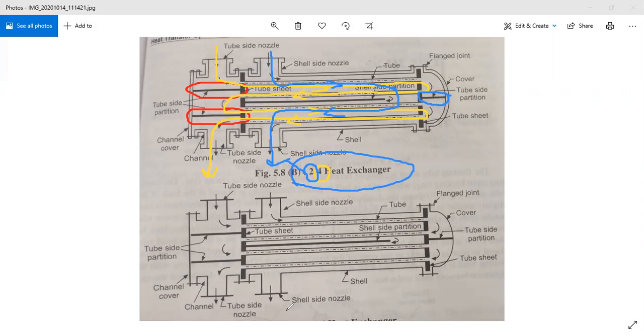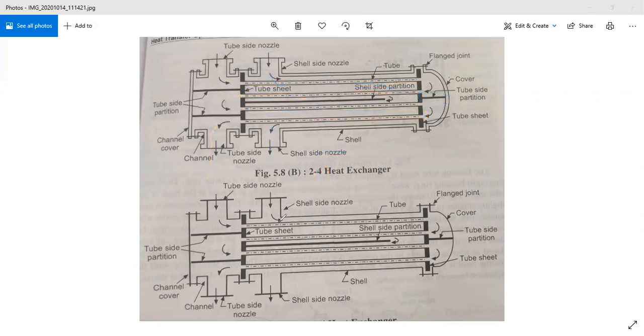So in the second diagram also you can observe a similar arrangement. This is the pass partition and this is the flow of the tube side fluid. Then the shell side fluid also.